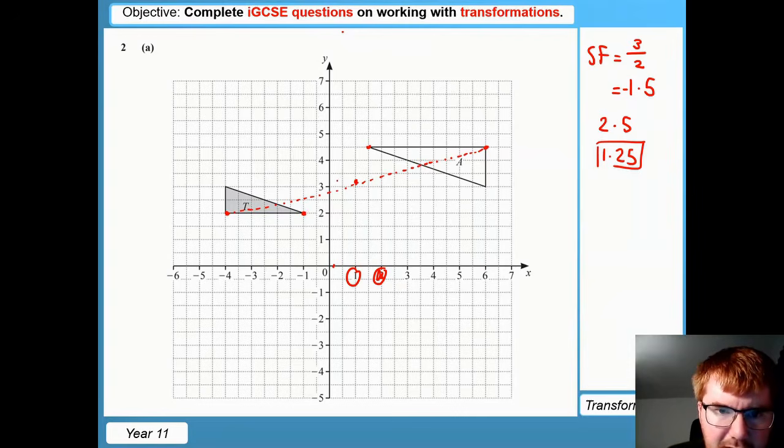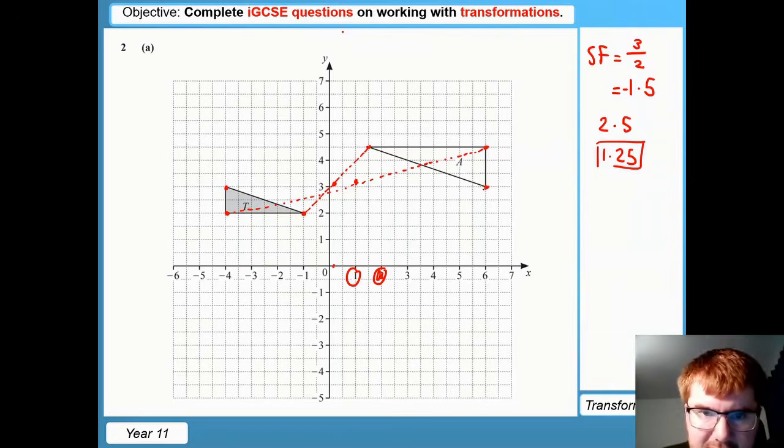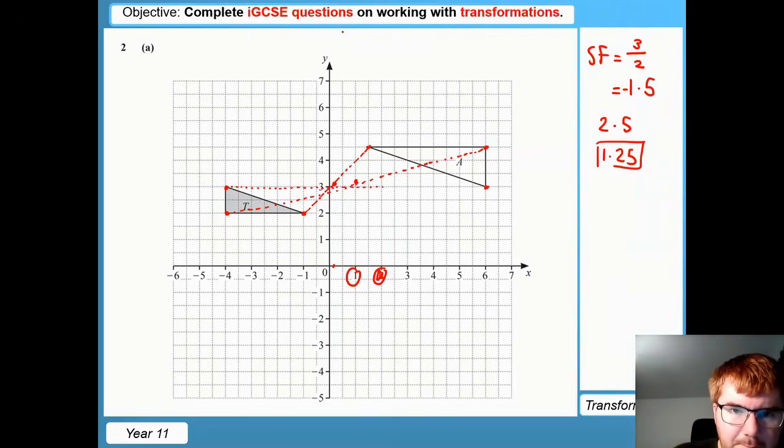So what we can do here is pop that in, and then draw in our dotted line like so. And now we can do the same with the very last point. We've got this point, and this corresponds, if you think about the rotation effect, to this point, and so we pop that in like so.